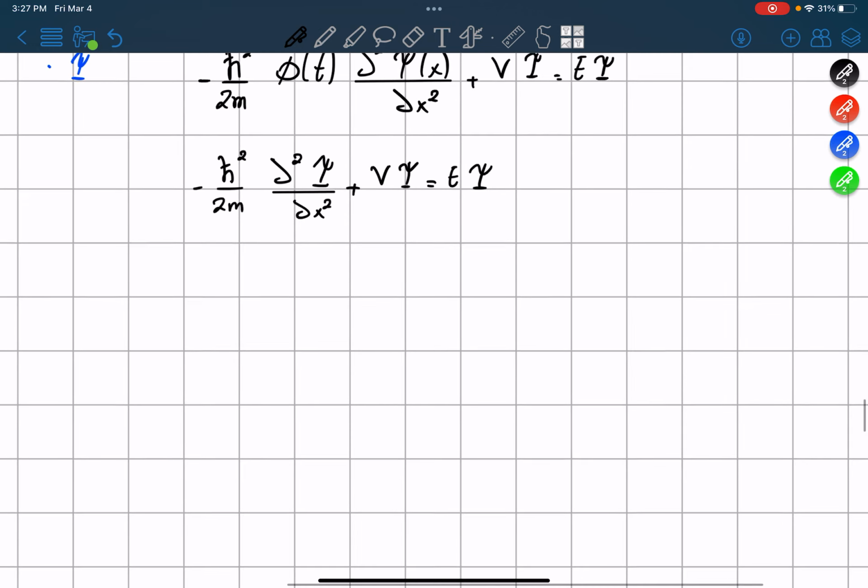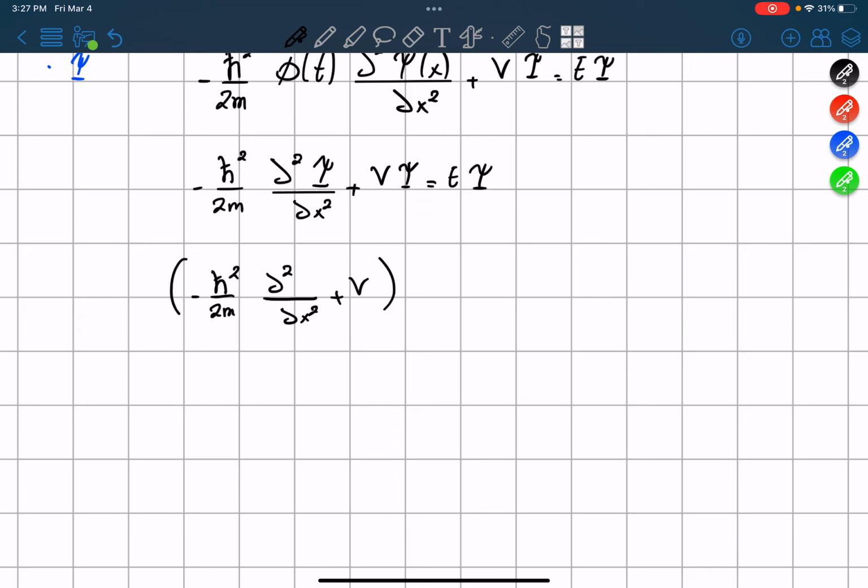Now, we can take the capital psi out on the left side, factor it out, and we get negative h bar squared over 2m, second derivative in terms of x squared, plus the potential that multiplies capital psi is equal to E capital psi.